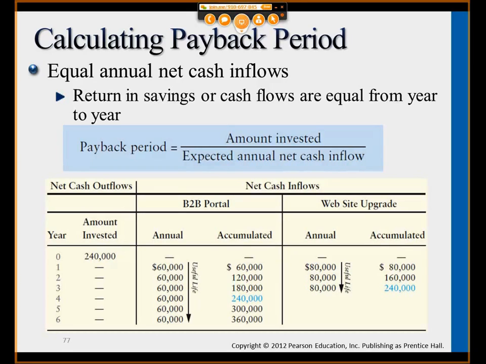So we can calculate the return in savings or cash flows that are equal from year to year, right? Equal from year to year, right here. Quite often they're just given to you. So our payback period is amount invested divided by expected annual net cash inflow.